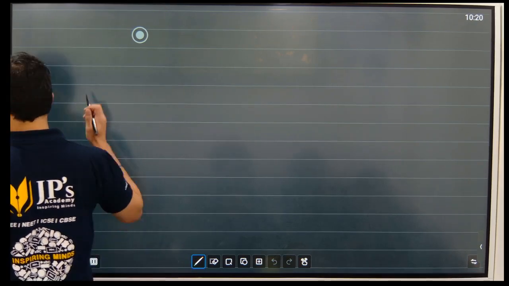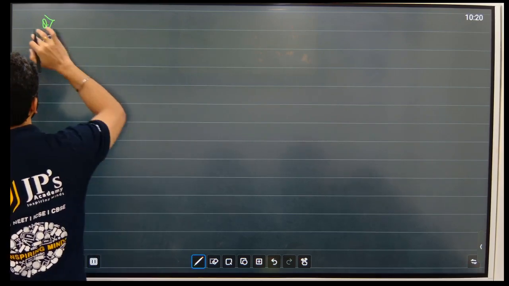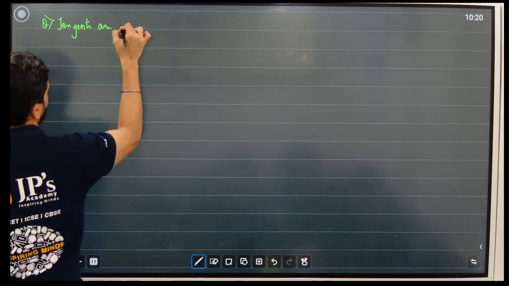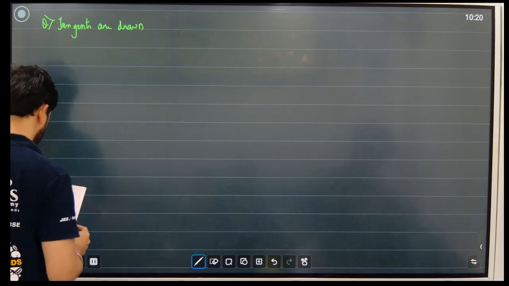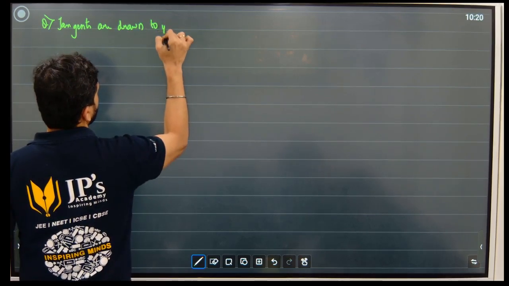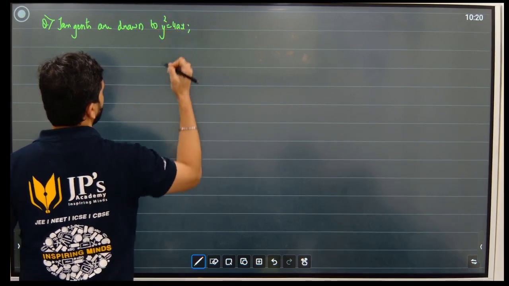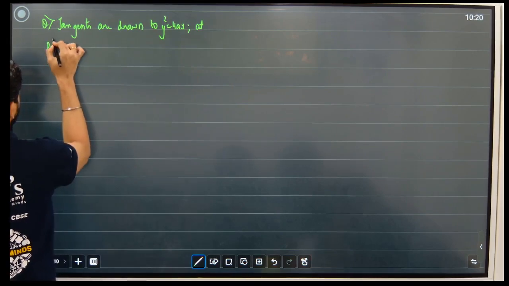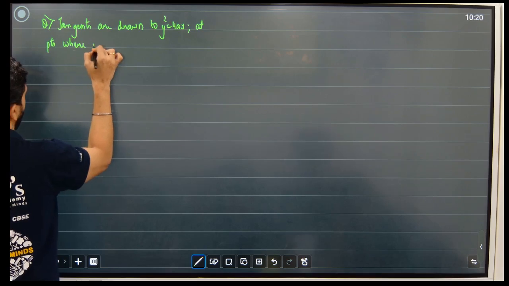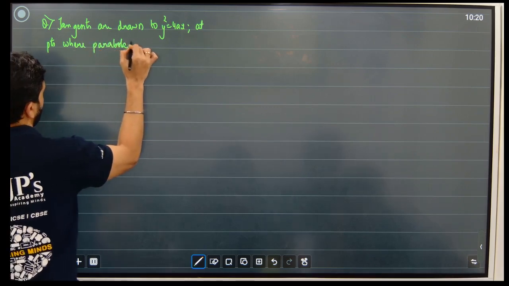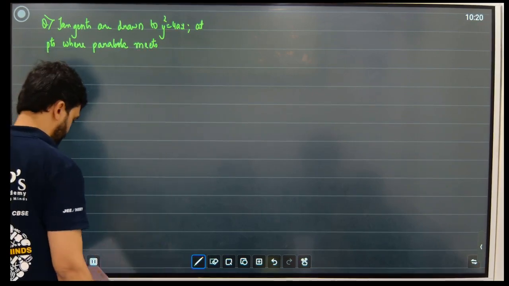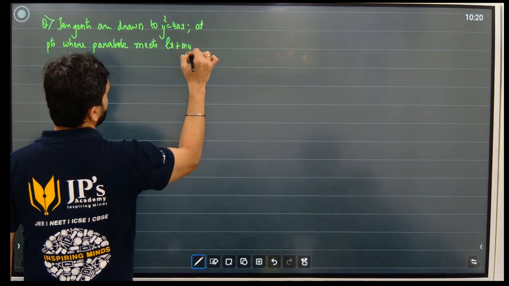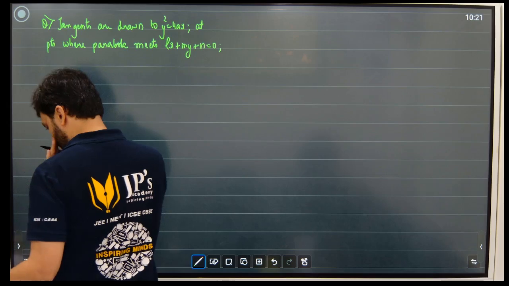Now if I take a next question, say for example, tangents are drawn to y square is equal to 4x at points where the parabola meets Lx plus my plus n is equal to 0.